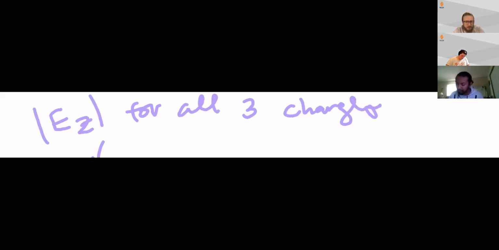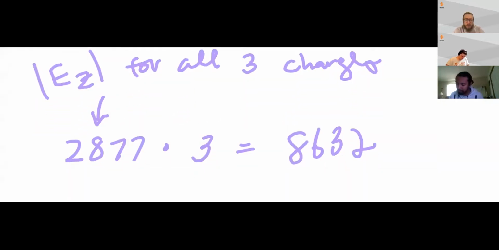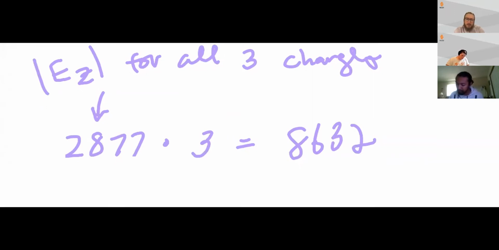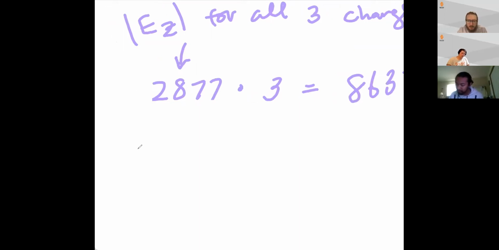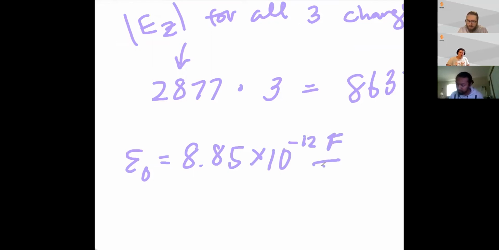And then some of it's just a little tricky because you have to put in that 1/4 pi epsilon, mostly because that constant is really high. We'll talk about the meaning of this more later, but it's the dielectric permittivity.